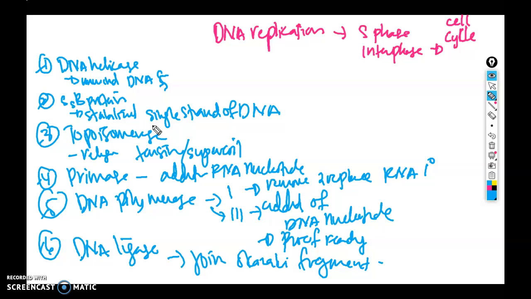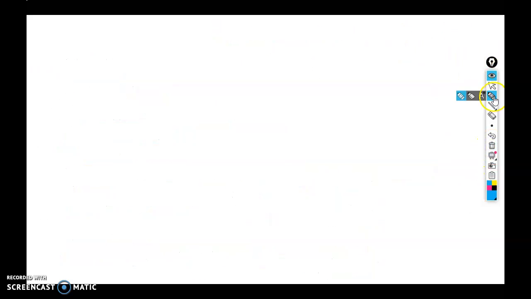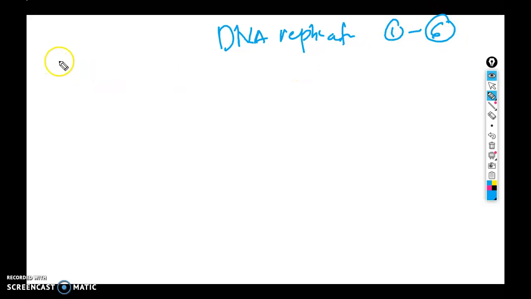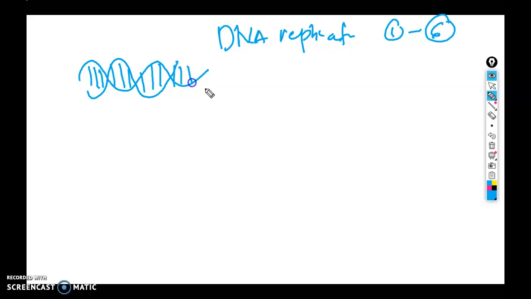Now we look at the process of DNA replication, so remember number 1 until number 6. First, this is a DNA strand, with the nucleotide bases.